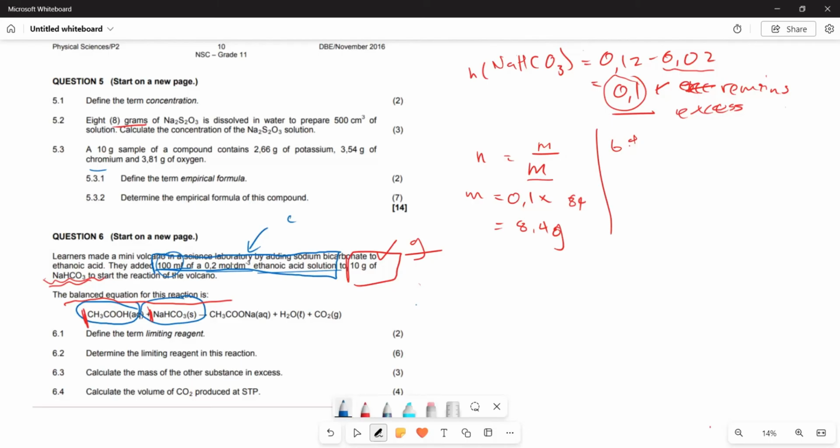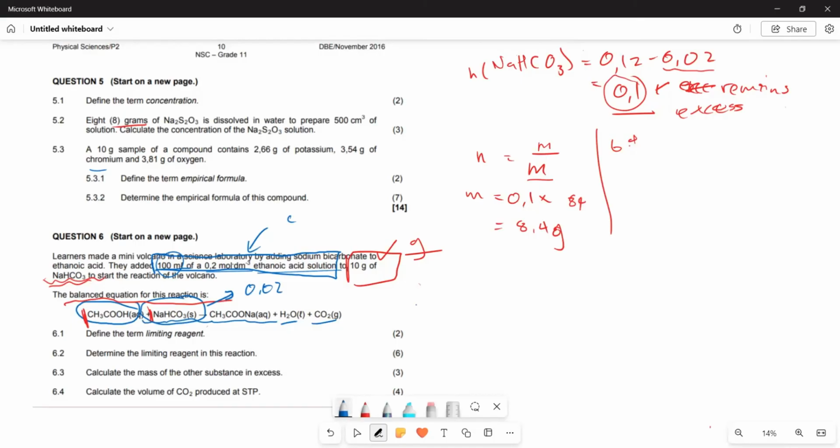From this reaction, the limiting reagent, the one that was used up first, we are going to use it, which was the 0.02. We are going to use it to find out the moles of all these things, because that's the mole that helps us determine the maximum product formed here, right?